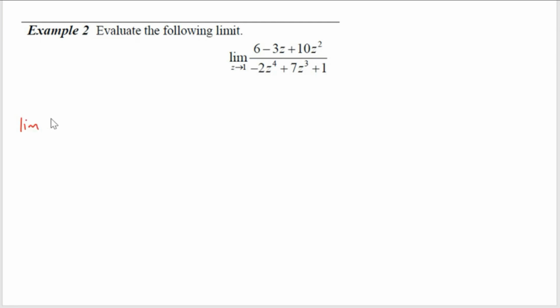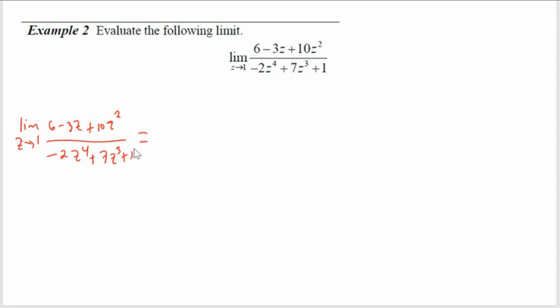So the limit of 6 minus 3z plus 10z squared all over negative 2z raised to 4 plus 7z raised to 3 plus 1 as z approaches 1.